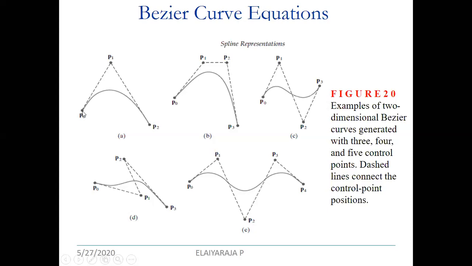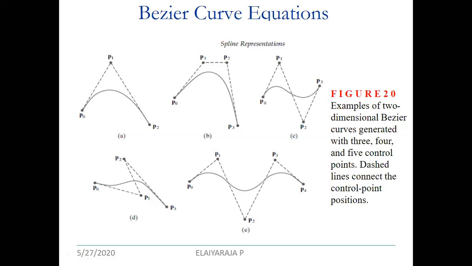Point 0 has the value x0, y0, control point 1 has the value x1, y1, and point 2 has the control point value x2, y2. Similarly here we have x0, y0, x1, y1, x2, y2, and x3, y3. Whereas here we have p0, x0, y0, x1, y1, x2, y2, x3, y3, x4, y4. Okay, with respect to three pixel coordinates, where x, y and z are all three.